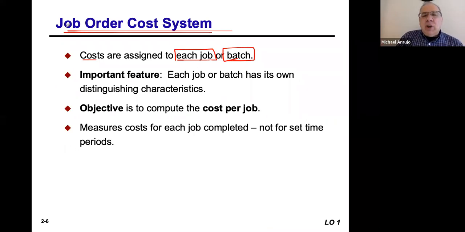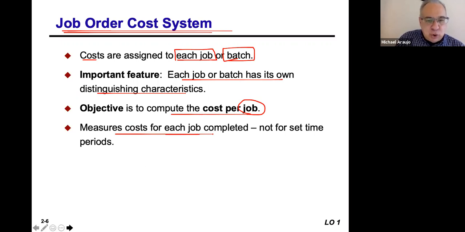So it's important to know you can only use a job order cost system when each job has its own distinguishing characteristics. And we're going to talk a little bit about that in a moment. So the objective here is to compute the cost per job. Okay. And so we measure cost for each job and not for a time period, like we would with the potato chips.